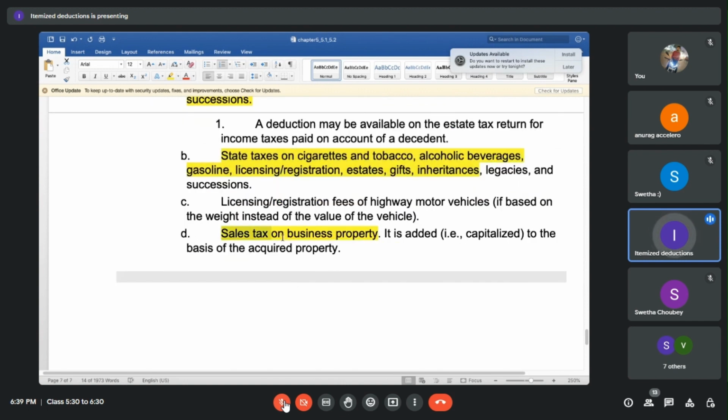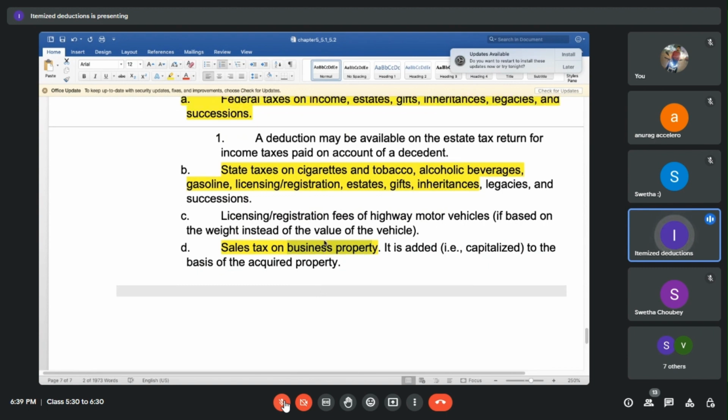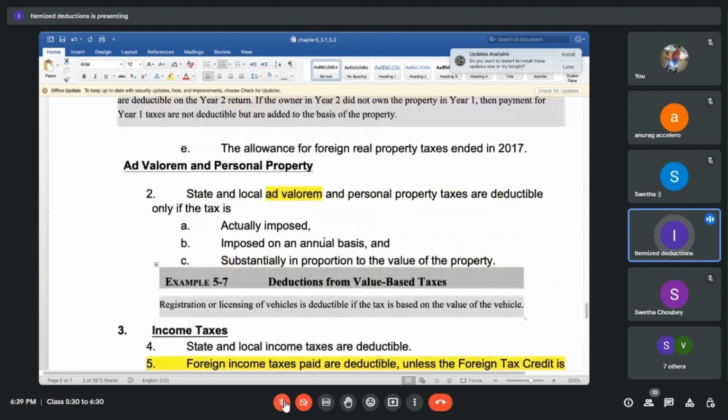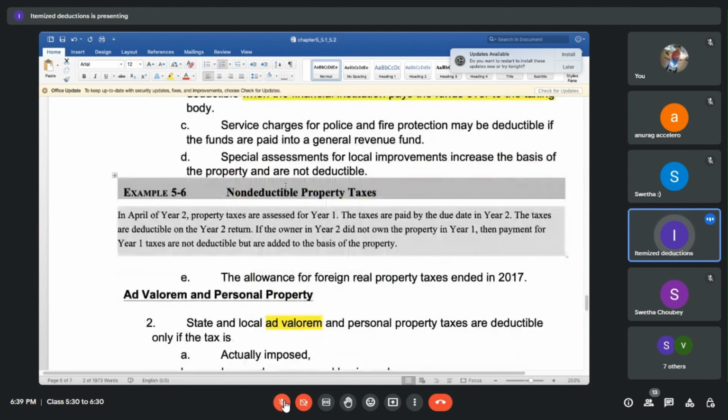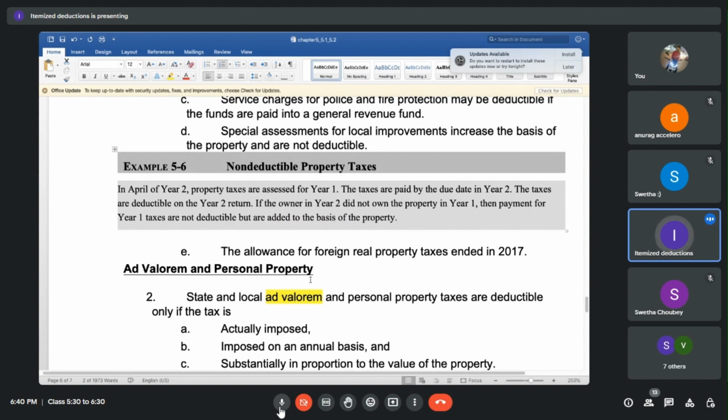Sales tax on business property: obviously it will go to the business return, or it gets computed separately. It's not part of the individual return, so it will not come over here. Okay, so let's go quickly over these two examples. Yes, it's quite possible, and this happens a lot, that maybe the title is not yet transferred, but still the person is paying the taxes, or has paid some other expenses related to the property. Obviously this is not going to be deductible because the benefit is given only to the owners.